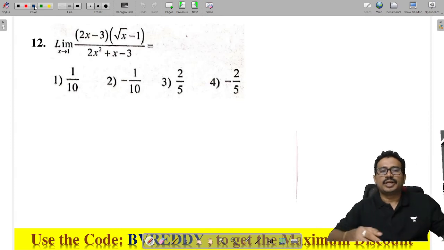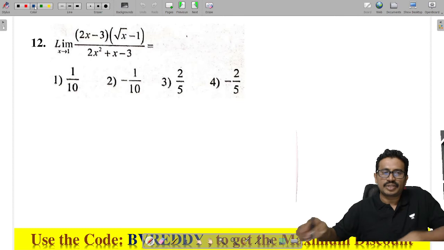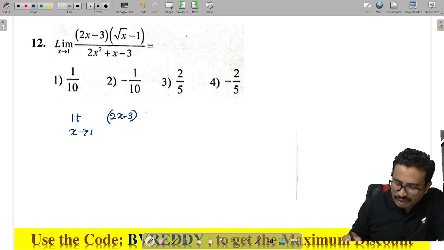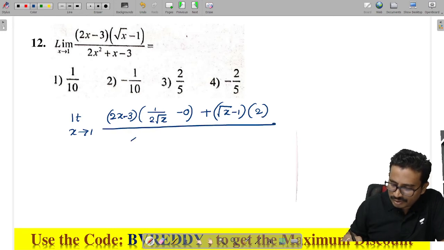Next. Now if I substitute directly 1, here also we'll get 0 by 0 form. So we'll go for L'Hospital rule. Limit x tends to 1, which is (2x minus 3 into root x, that is 1 by 2 root x, minus 0, plus root x minus 1) into 2, by denominator 4x plus 1.